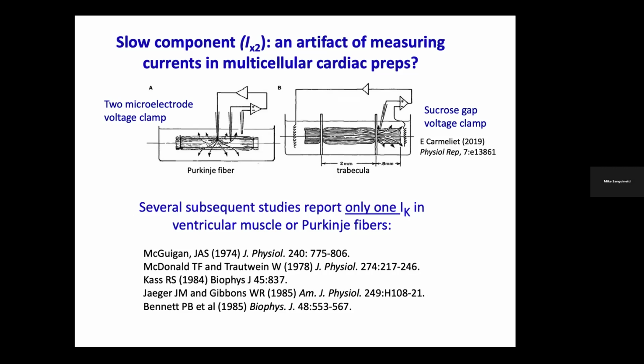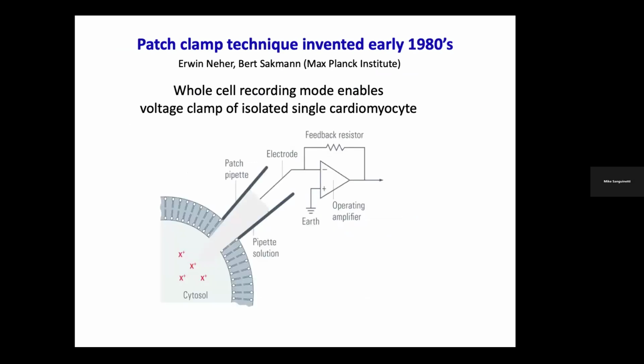This was followed up by studies in a number of different labs all over the world, and they all found only one delayed rectifier in ventricular muscle or Purkinje fiber, even using multicellular preps. In some cases, much smaller Purkinje fibers, but nonetheless a single component, not two, not IX1 and IX2.